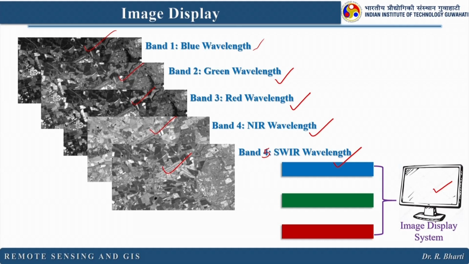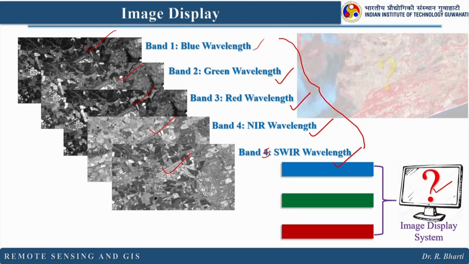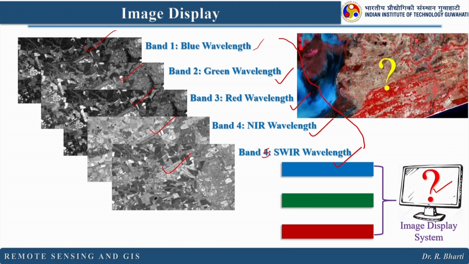So how do we visualize these black and white images separately as a color image? Ultimately we want to see something like this, where red represents some X material and blue represents some Y material. How do we represent this? That we need to understand first.